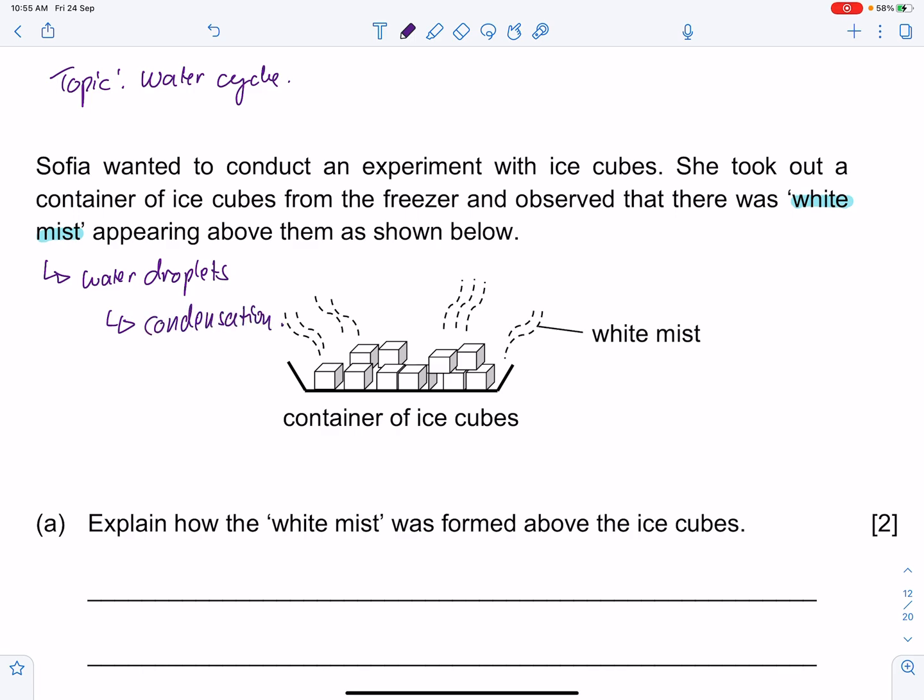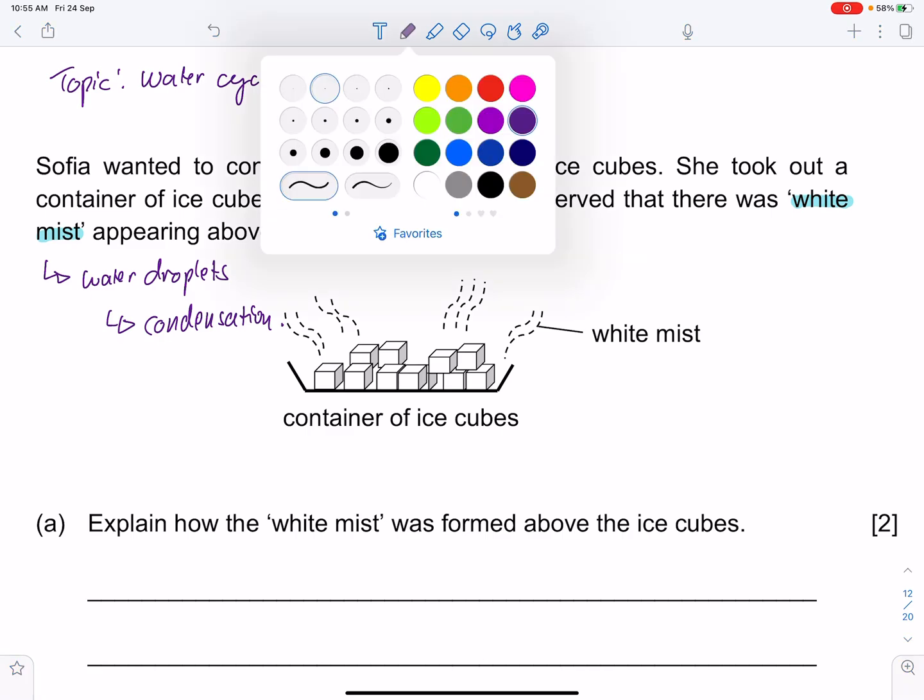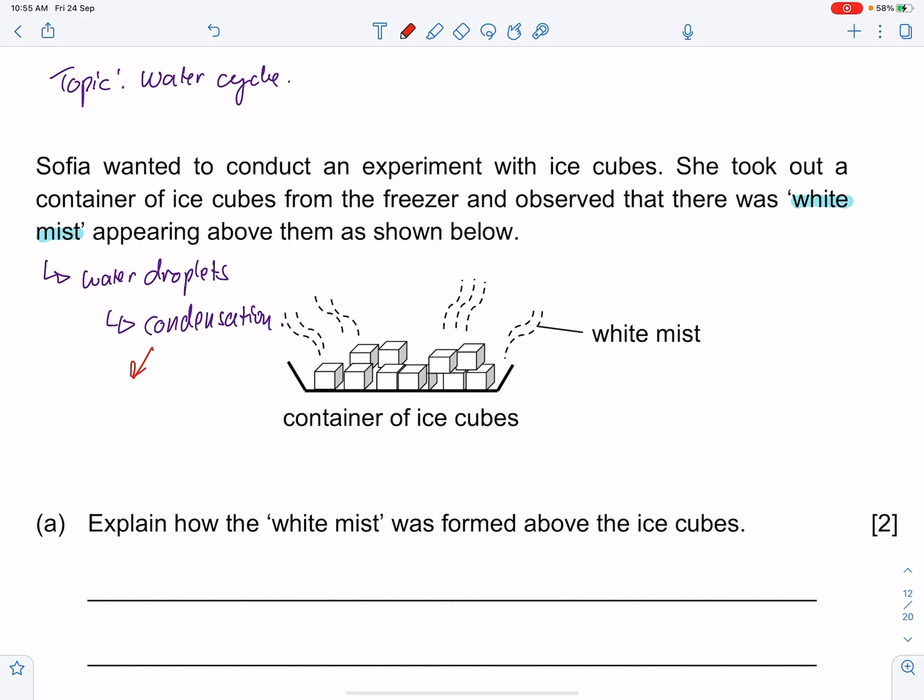So if I know that condensation must happen, I know that I need to have two things. Number one, I will need a source of water vapor. Correct? Because water vapor needs to touch a cooler surface, then it can condense to become water droplet. Next, I must have a cooler surface.